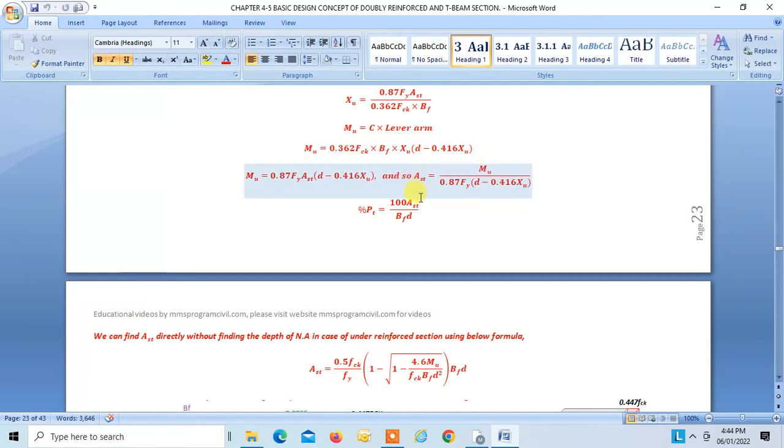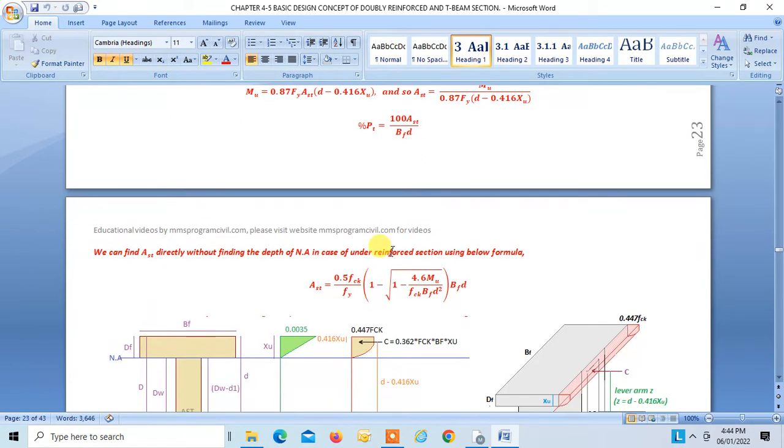Once you know AST, you can find percentage of steel, that is 100 AST divided by BF into D. So here the only thing to be remembered is that instead of B we have to take BF. Now if this section is found to be under reinforced, then you can use this formula for finding the steel.